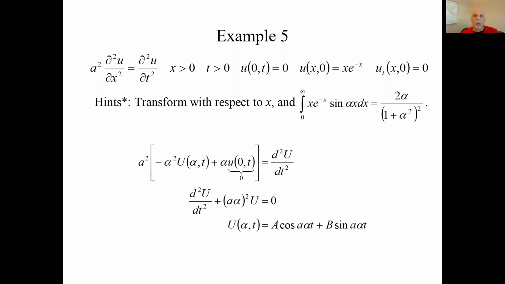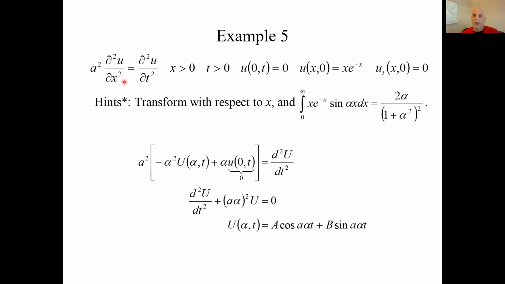And I want to do this example because it kind of violates the rules that I discovered for how to know which variable to take the transform with respect to and which type of transform. This is in 2 variables, x and t.